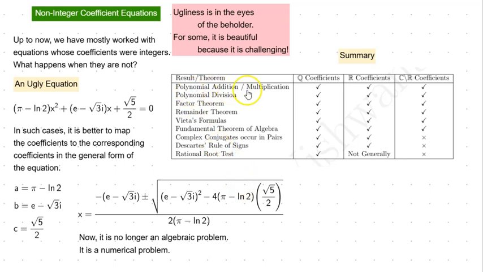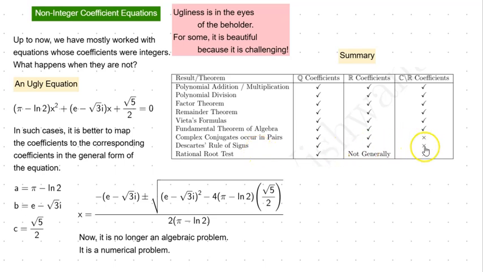Polynomial addition and multiplication remain the same, polynomial division remains the same, factor theorem remains the same, remainder theorem same, Vieta's formula same, fundamental theorem of algebra same. Complex conjugates occur in pairs. Now, when we have non-real complex coefficients, then this is not applicable.